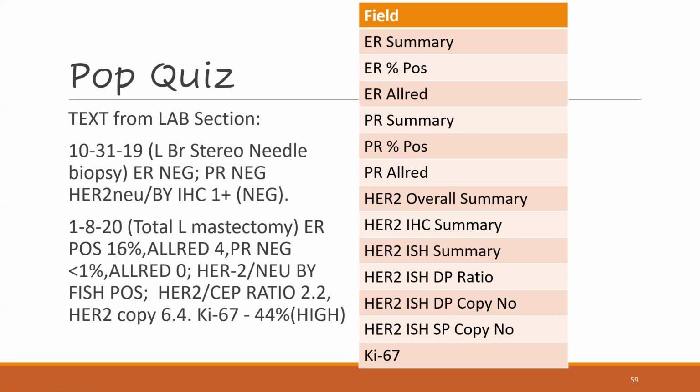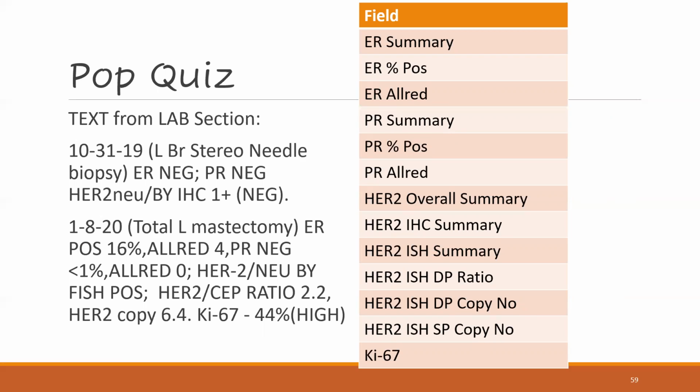Okay, one more pop quiz before we take another short break and talk about grade, and then we'll finish up. So just looking at all of the fields now that we've talked about for the SSDI, you can see that we have an ER/PR on both the biopsy and the mastectomy.